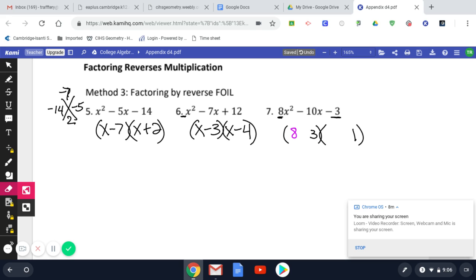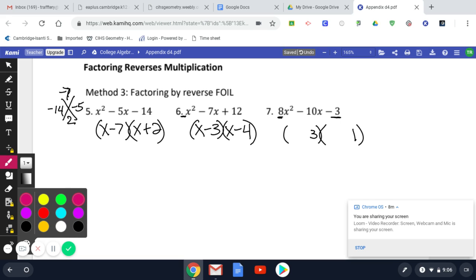So let's erase those parts. Instead, what if I think about 2 and 4? If I put a 2 in here and a 4 in here, I get 12 and 2. Could I make 12 and 2 give me negative 10? And the answer is yes. I could have negative 12 plus 2. So then I just add my x's in there. That's the guess and check method.